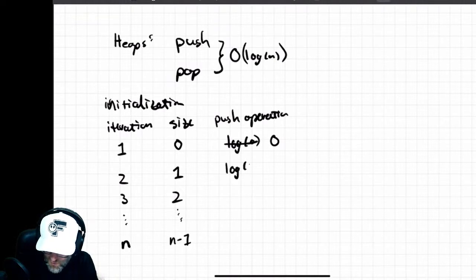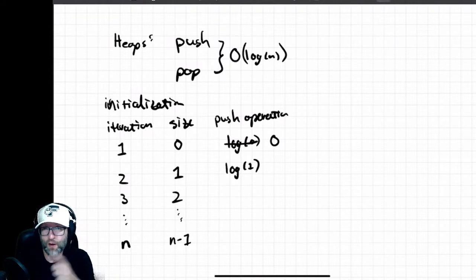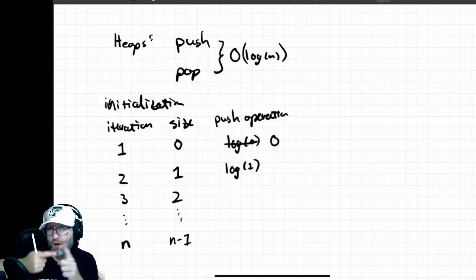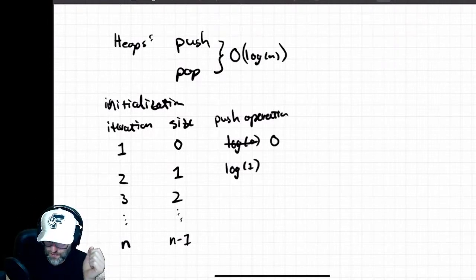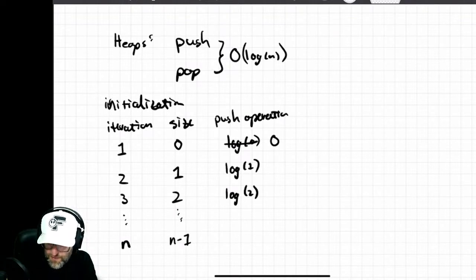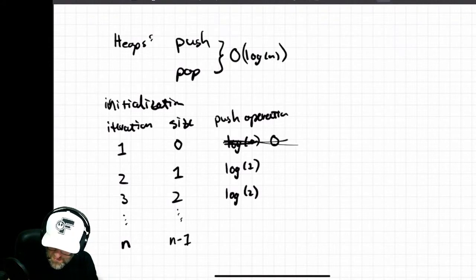It will cost you one comparison to insert into a heap of size 1. You have to know whether or not the thing that you're putting in belongs as a child or as the parent of the current element. So that's one comparison. Log base 2 is going to be, well, you can write it out, but let me go ahead and get rid of this and keep it in symbolic form here. Of course, I've already said get rid of this one.